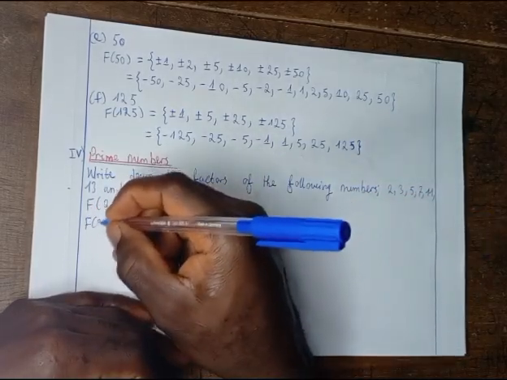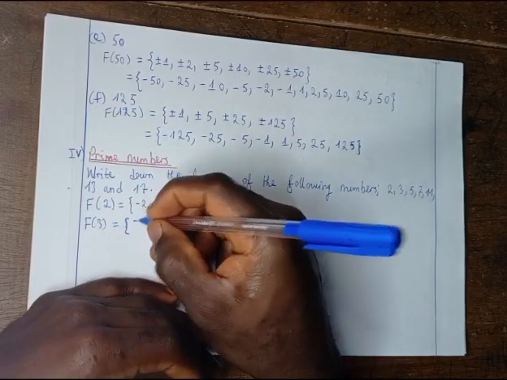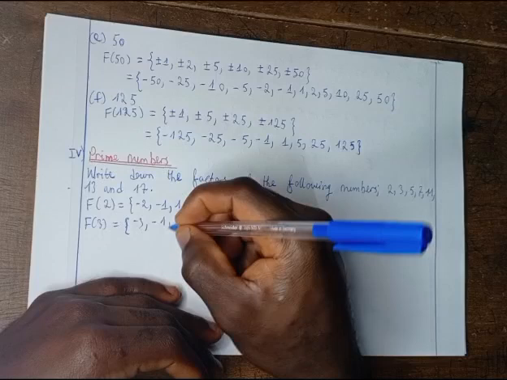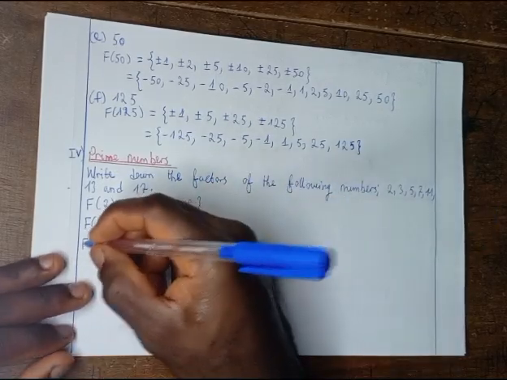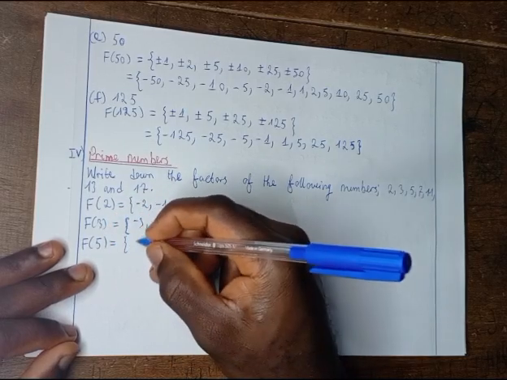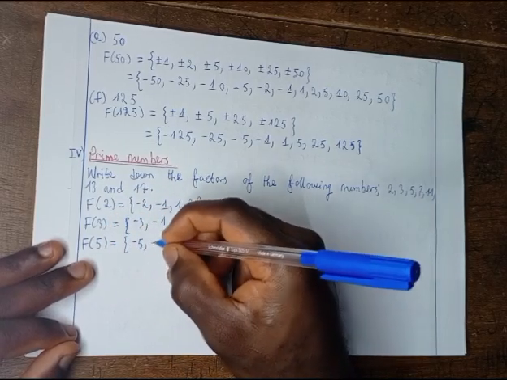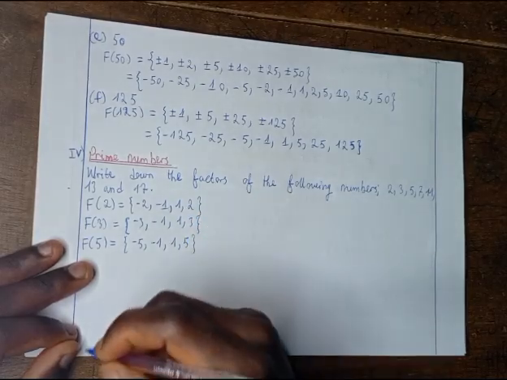Next, we have to write f of 3. F of 3 we have -3, -1, 1, 3. Next, we have to write f of 5. F of 5 will simply be -5, -1, 1, 5.